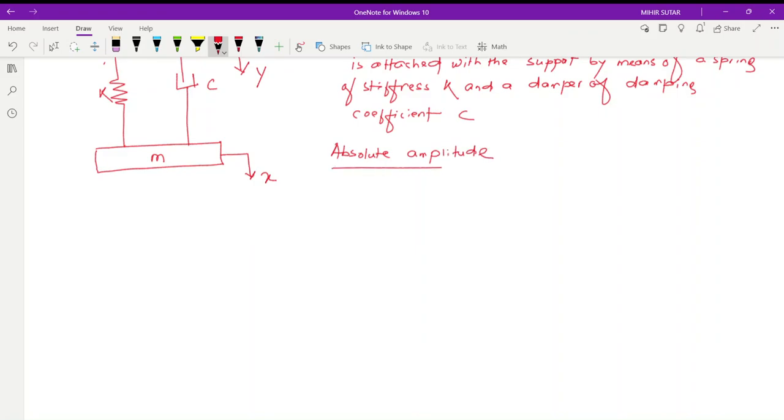Okay. Now, considering absolute amplitude, let x be the absolute motion of mass, the absolute amplitude, we can say amplitude of motion of mass m.